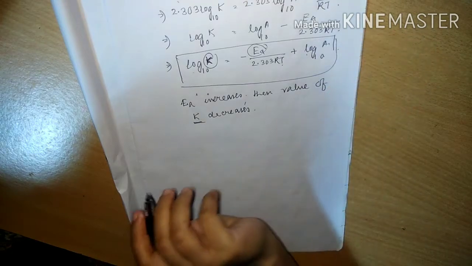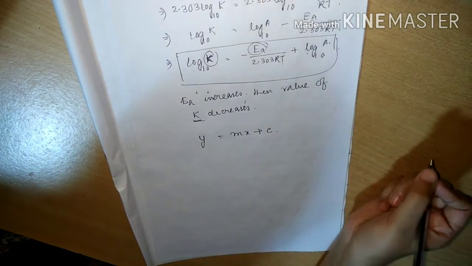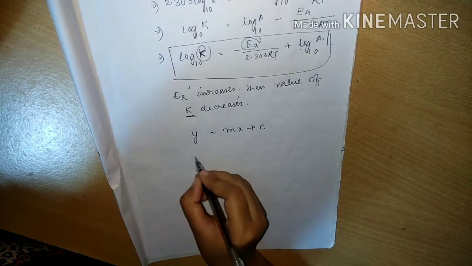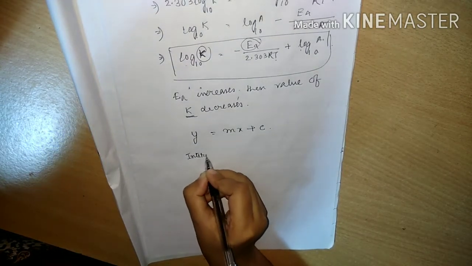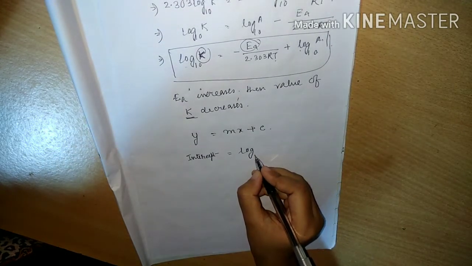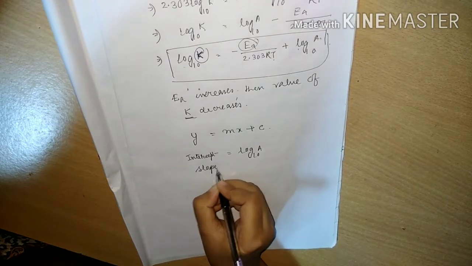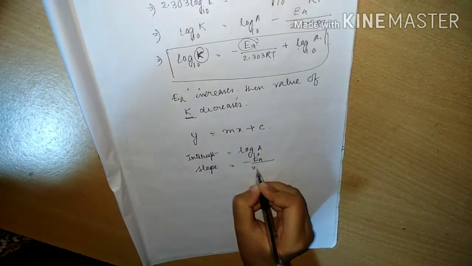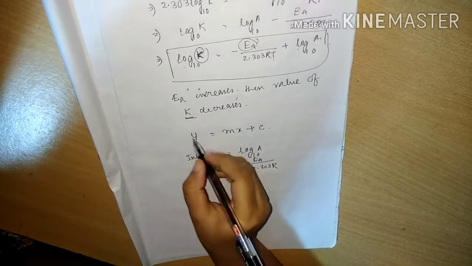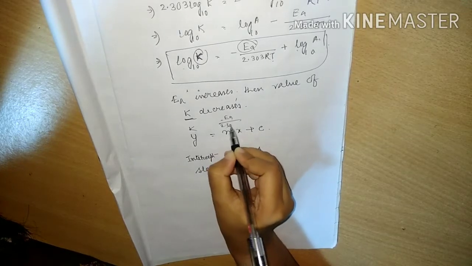If we put it in the form y equals mx plus c, which represents a straight line, the intercept of the line will be log A base 10 and the slope will be minus EA by 2.303 R.